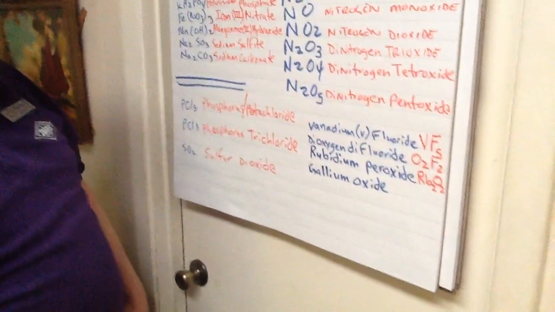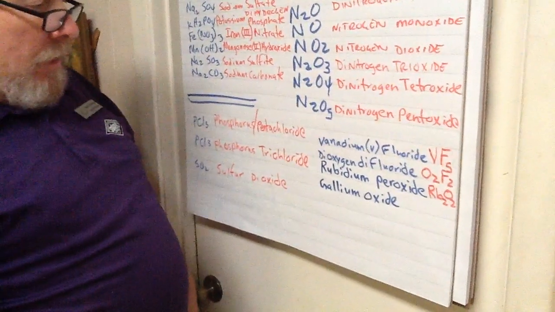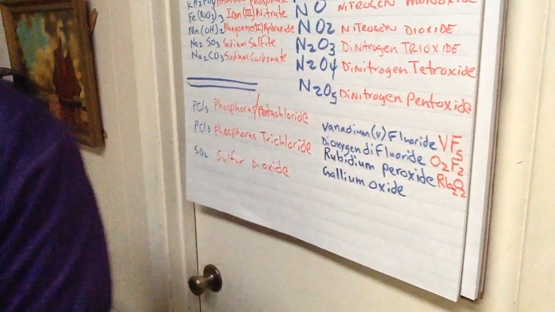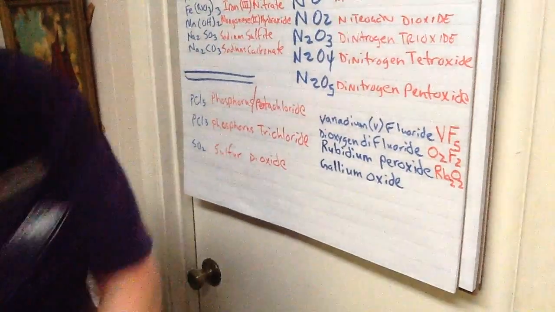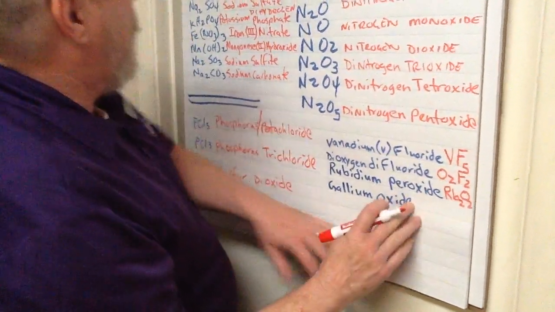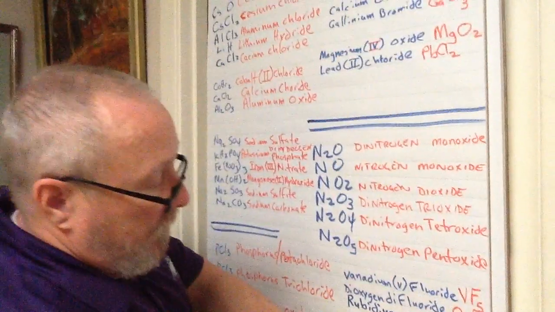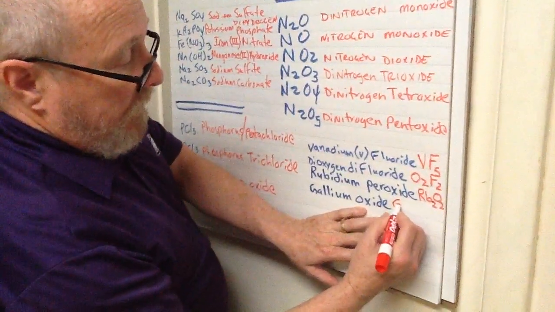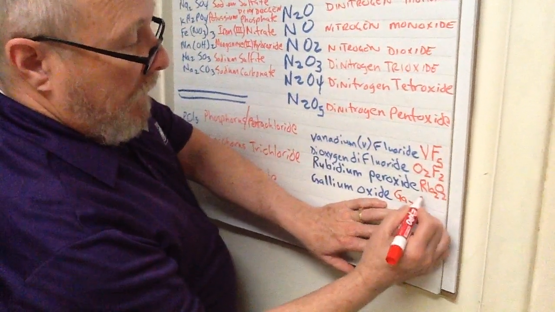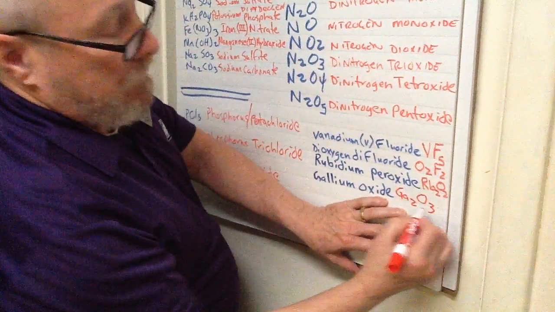And then gallium oxide. Gallium, I don't have my periodic table with me, but it's a +3 charge. Oxygen's always a -2, so I have the same problem with aluminum oxide. I need 2 of those gallium and 3 oxygens. And just follow the rules.